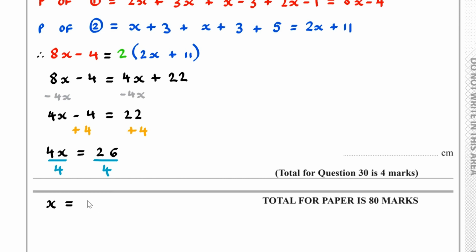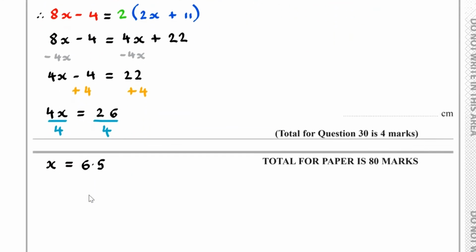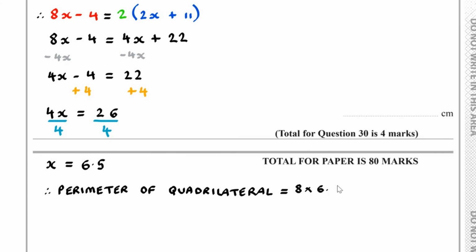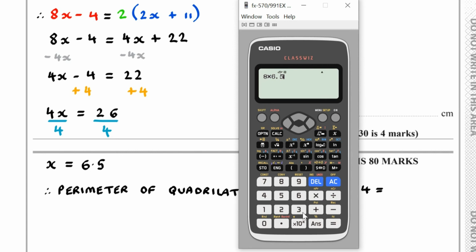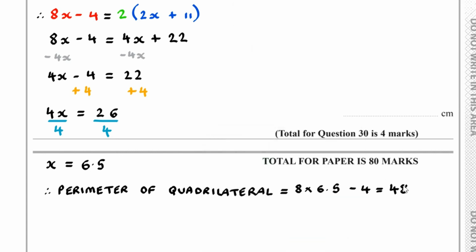Knowing that x is equal to 6.5, we have to find the perimeter of the quadrilateral. We've got 8 times 6.5 minus 4, which gives 48 centimeters. So the perimeter is 48 centimeters.